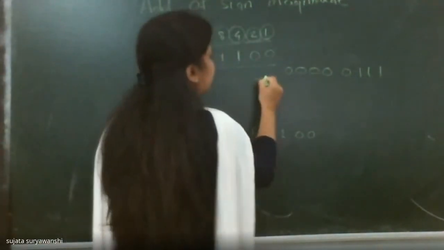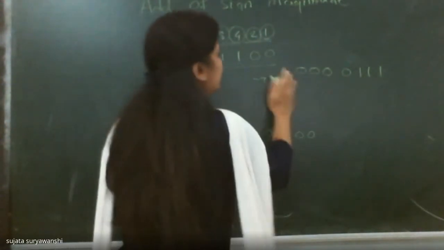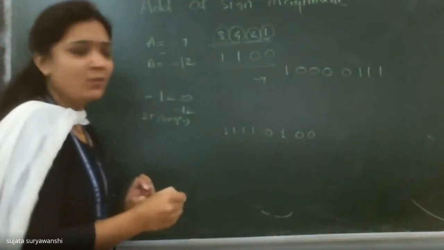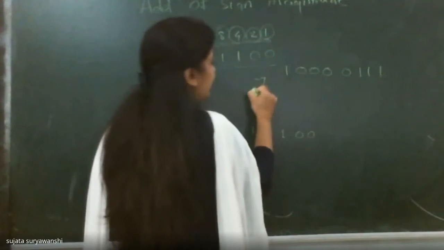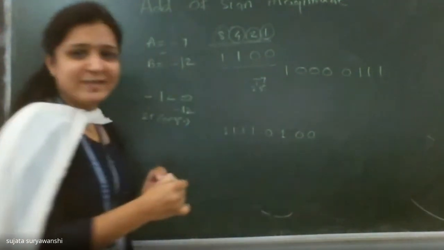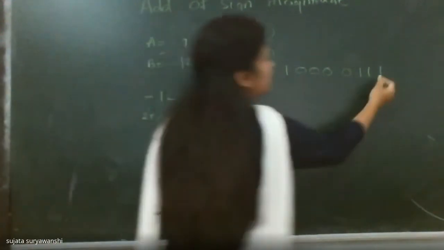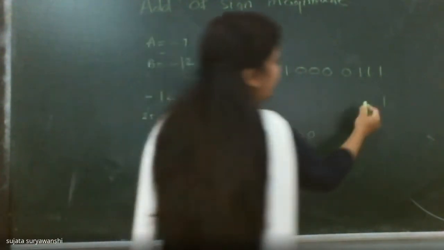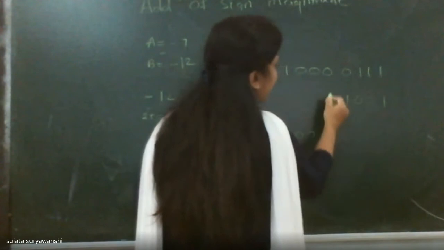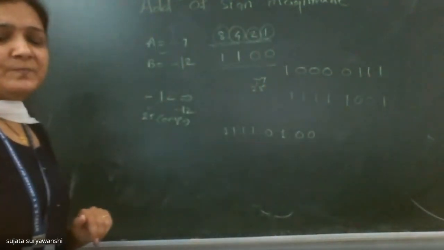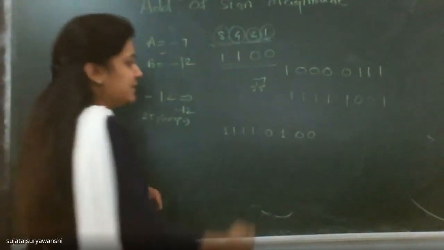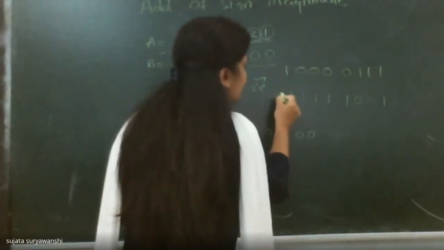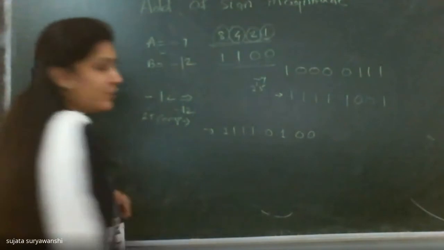If -7 has to be represented, instead of this 0 we put 1 as the MSB bit. After that, we find the 2's complement of -7. Start with the LSB bit, write down the first one as it is, and alter the remaining bits: 0, 0, 1 and 1, 1, 1, and don't alter the sign bit as this number is negative. So this is the 2's complement of 7 and this is the 2's complement of 12.